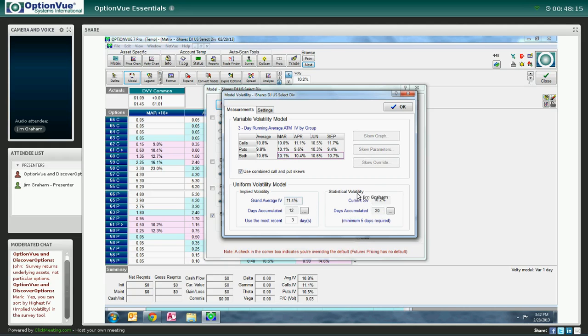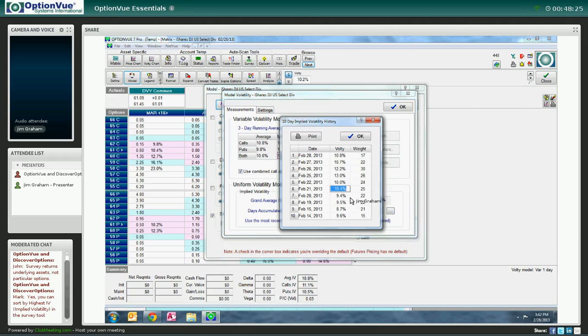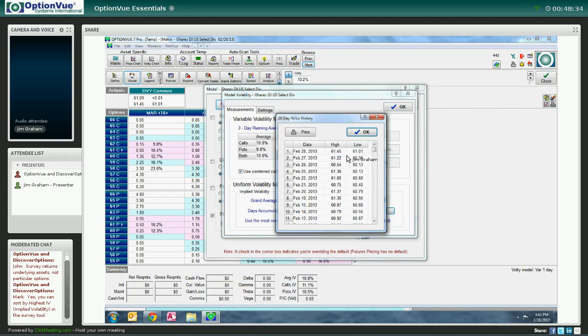Or you could use statistical volatility, and here the measured is 10.2. You can actually go back in and see things like the days accumulated and what it's using to calculate this average. And it's weighting it by day. And same thing on SV.